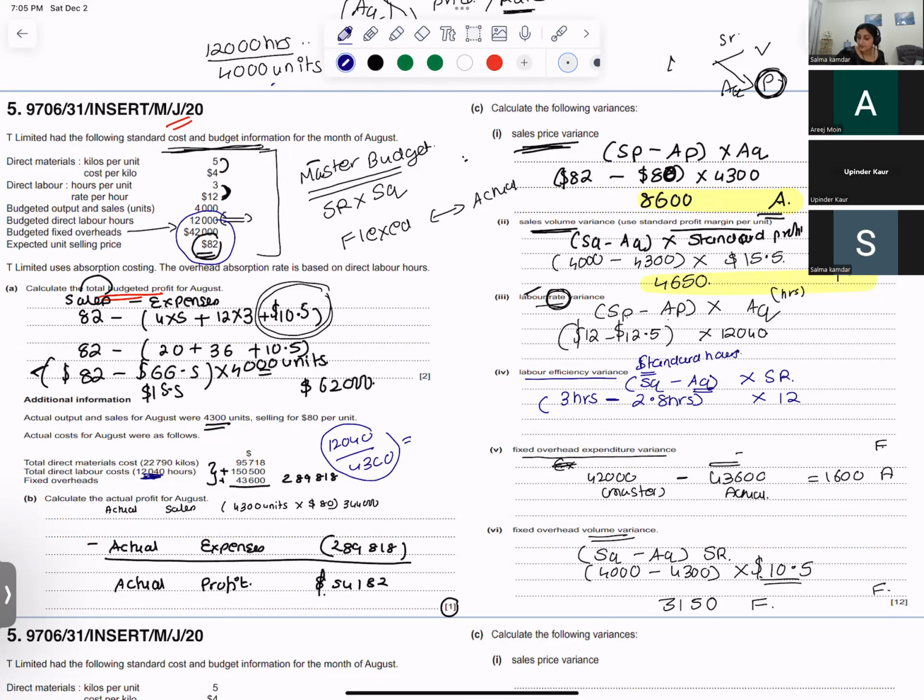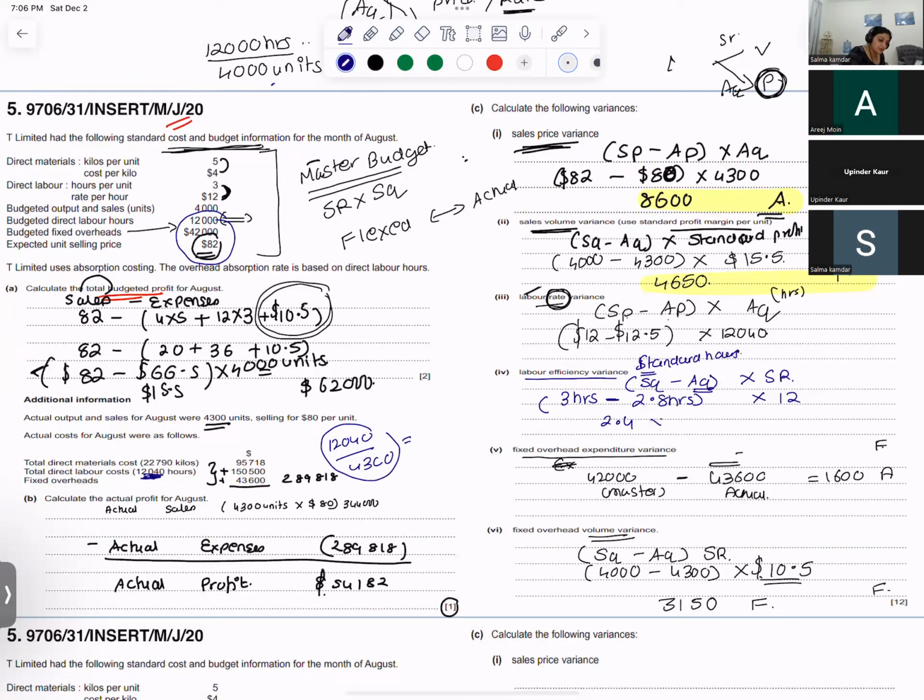Now do it. 3 minus 2.8 into 12. It's 2.4.